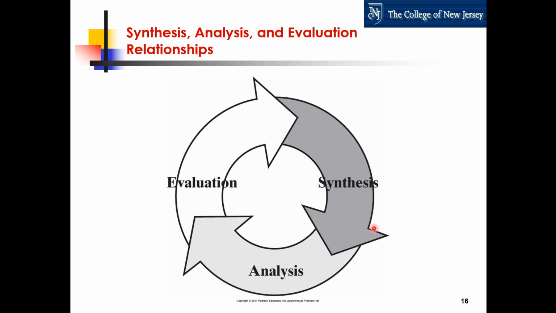In this case, maybe some type of requirements. Evaluating, now that you analyze it and say, yeah, this is good, you evaluate it further, and then you may be doing more synthesis. This is not an infinite loop. Eventually you do move on, but this shows the relationships between synthesis, analysis, and evaluation and how they feed each other, essentially.